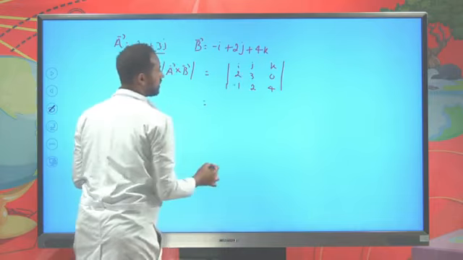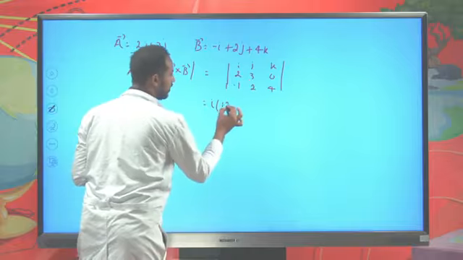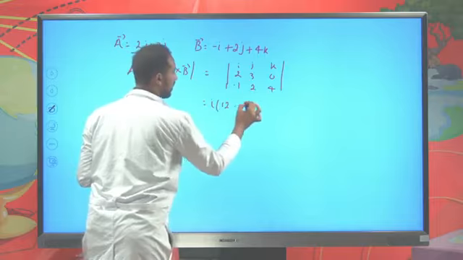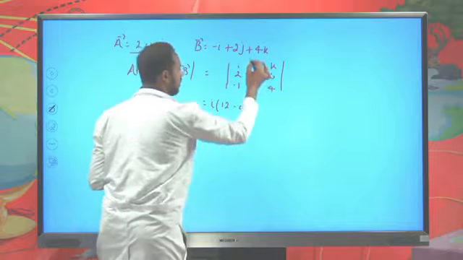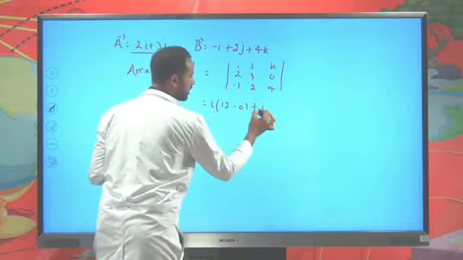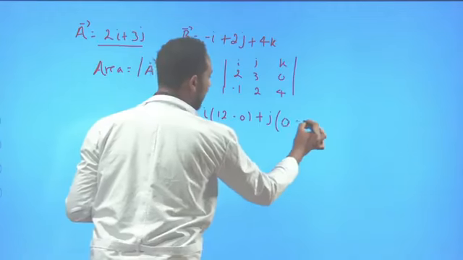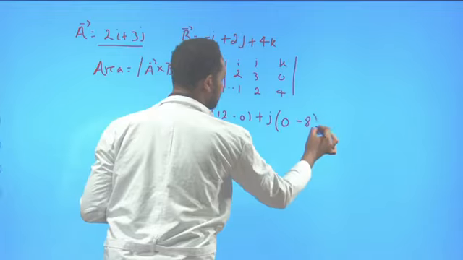For i, you eliminate its row and column: 3 times 4 gives you 12, minus 2 times 0 is 0. Then for j, you eliminate its row and column, and first you take k: 0 times minus 1 is 0, minus 4 times 2 gives you 8.